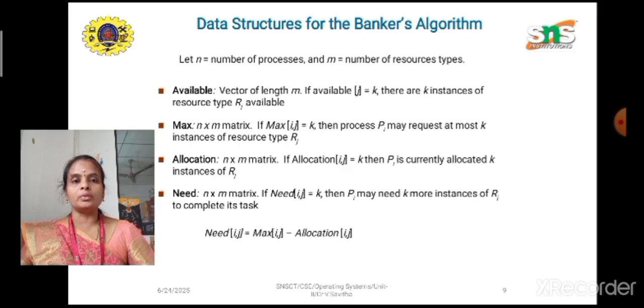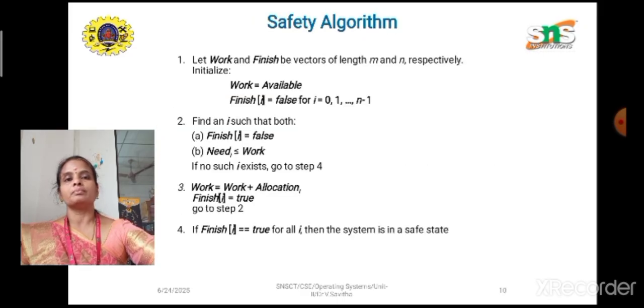Then Need is the exact requirement of a particular process, computed by the formula maximum minus allocation, because the need changes dynamically after every allocation. So Need[i][j] equals Max[i][j] minus Allocation[i][j].